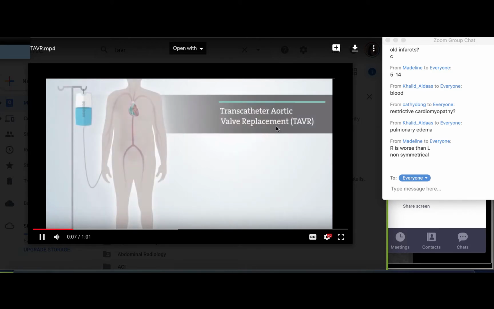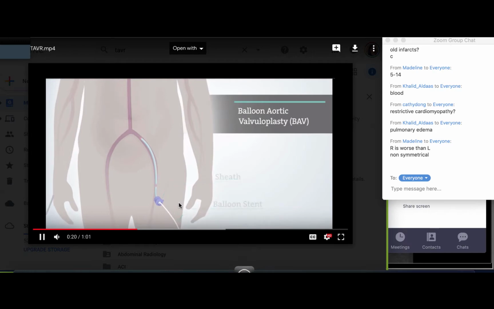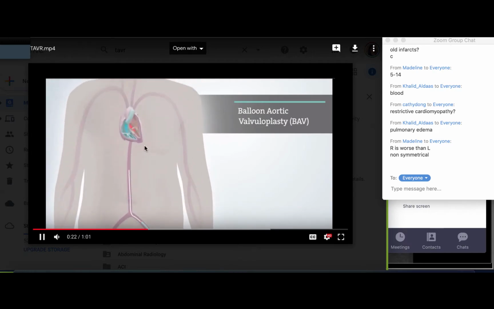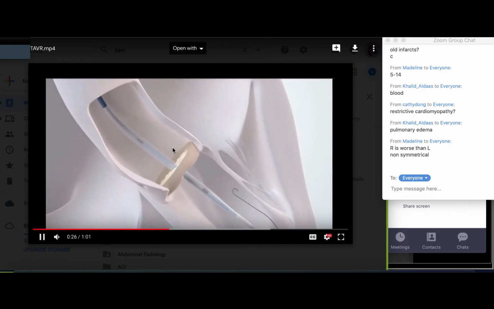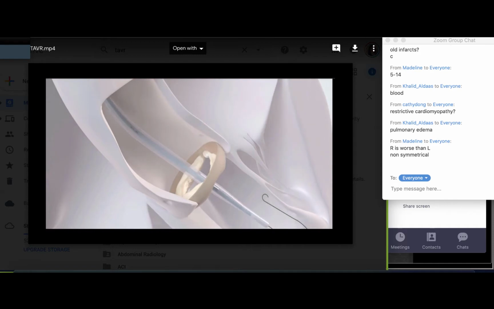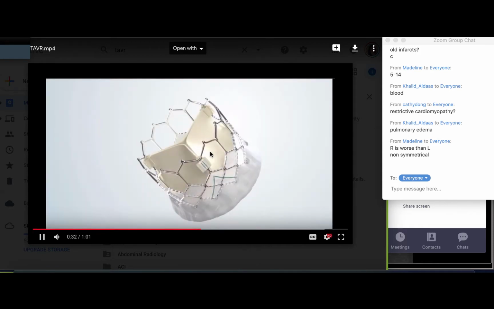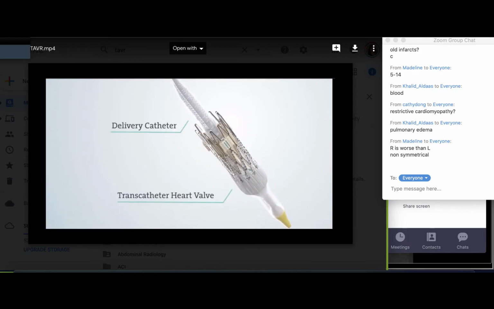But now we have transcatheter aortic valve replacement, which is less morbid. They use an endovascular approach with a sheath, and then put a balloon all the way up into the aortic valve. They plasty it open, and once it's plastied, they put the artificial valve percutaneously across the area of the aortic valve.